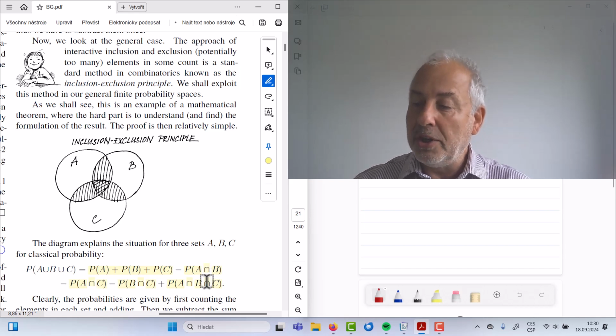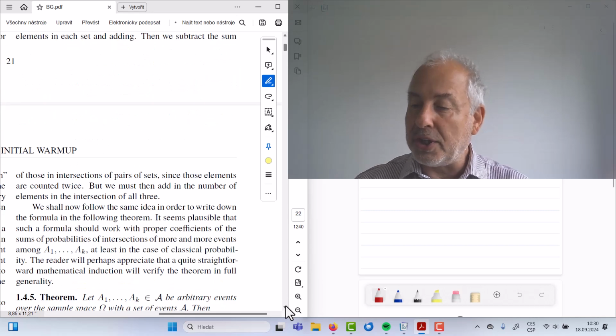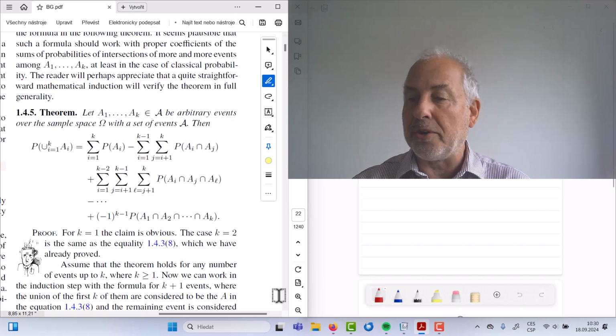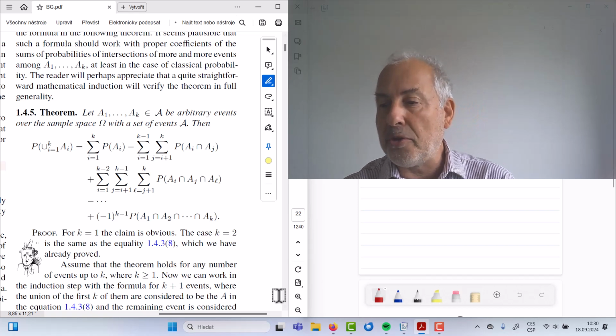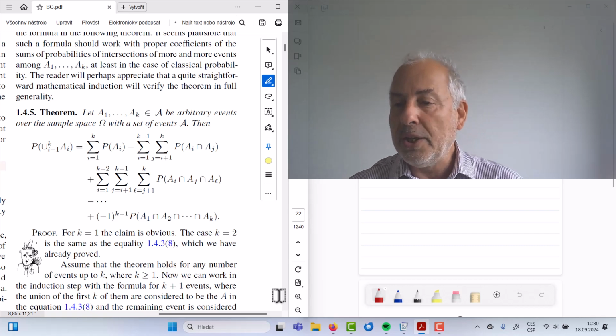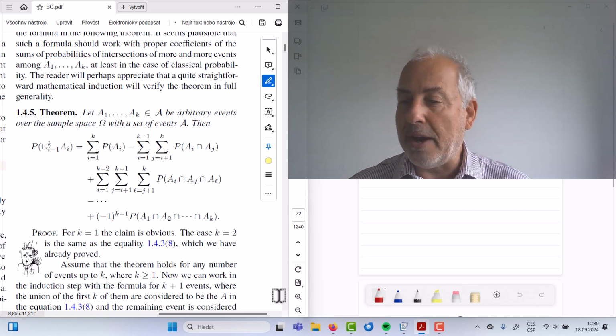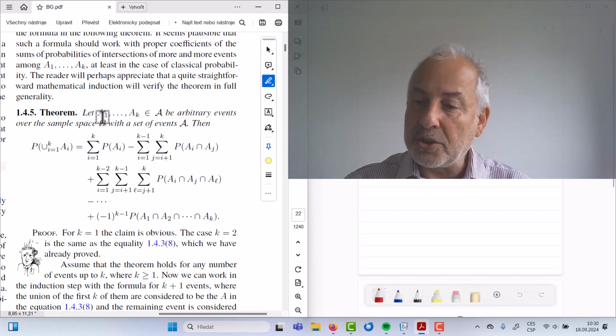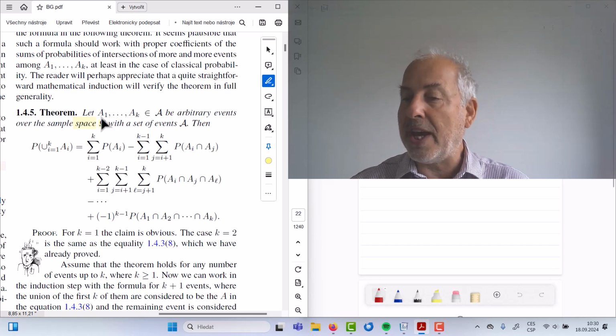But what we are doing in the text is proving a theorem which actually goes much further. It goes much further because here you see you have the arbitrary models of probability. So there is a sample space, a finite set.